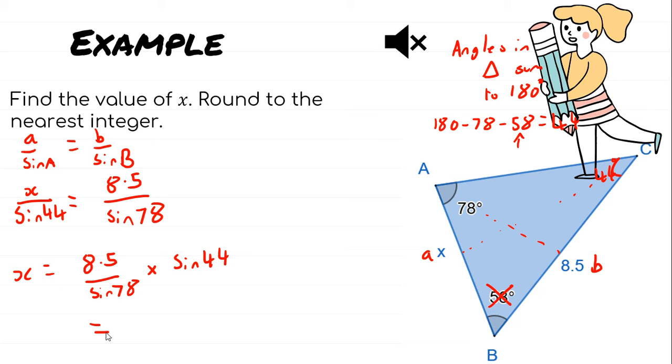And if we type that in, we're going to get 6.0365, etc. Now it just says to the nearest integer, so that's just going to be 6. We're going to say that's roughly equal to 6. So again, this was a slightly harder version, because we had that additional step of finding out the missing angle.